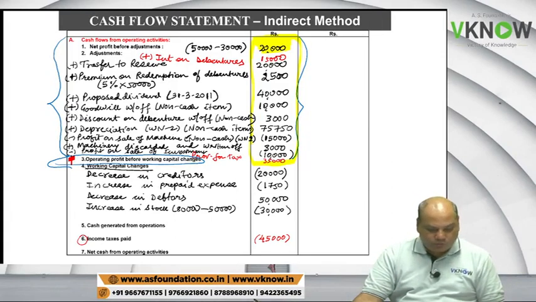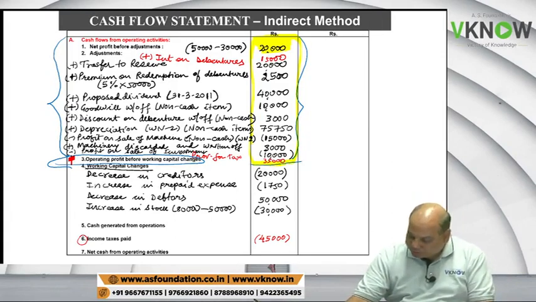So that comes to 199,250. Right here 199,250 in the inner column only.